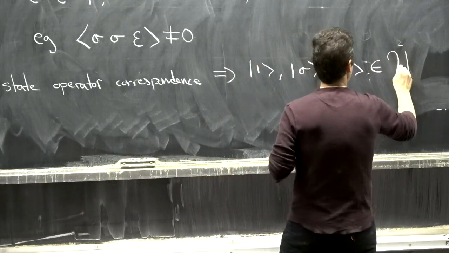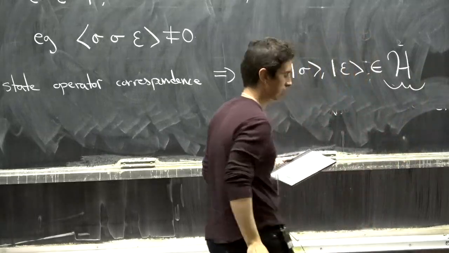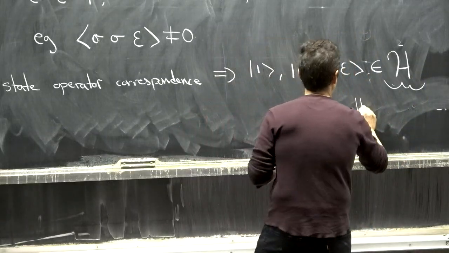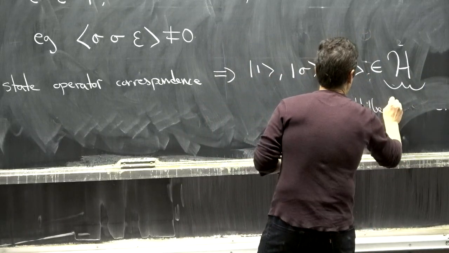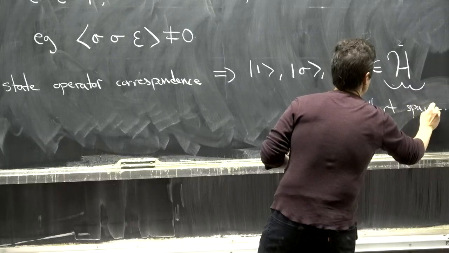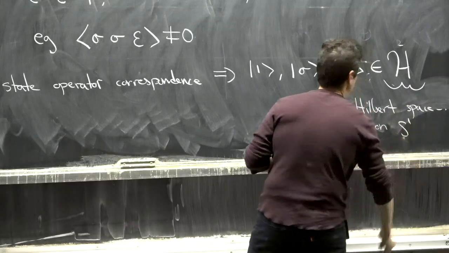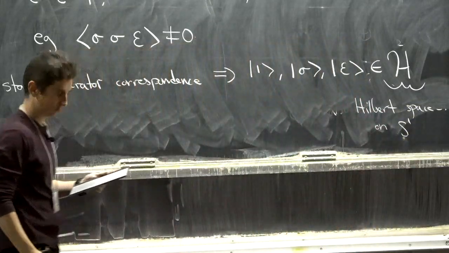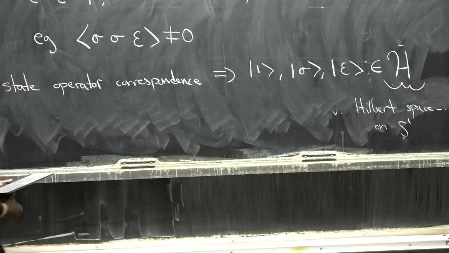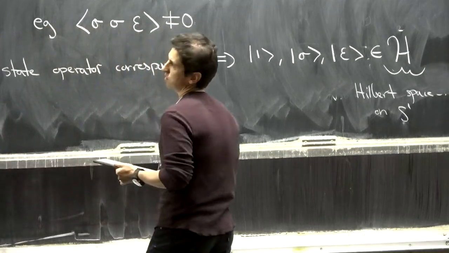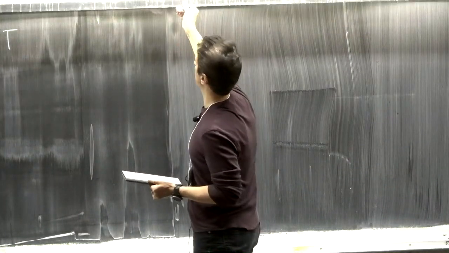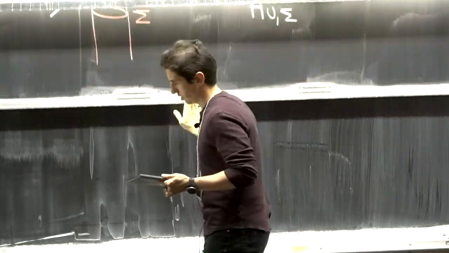In H, what's this Hilbert space? We've been talking about lots of different Hilbert spaces. This is the Hilbert space on a circle.